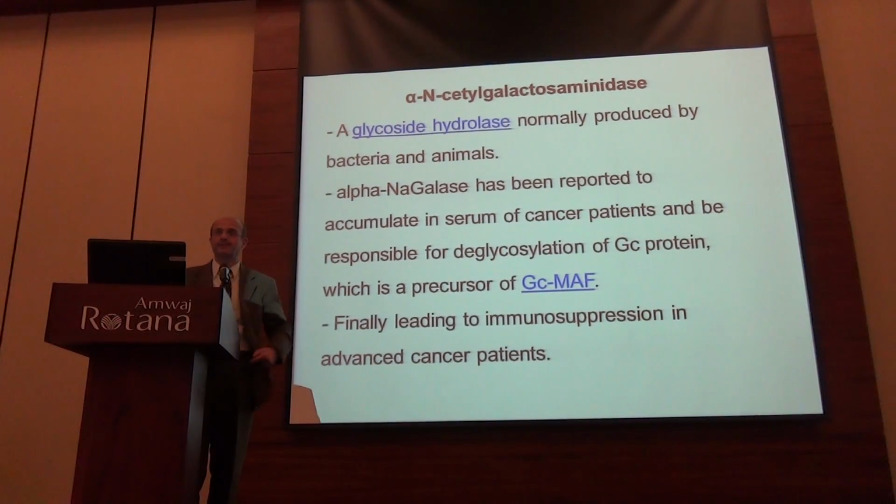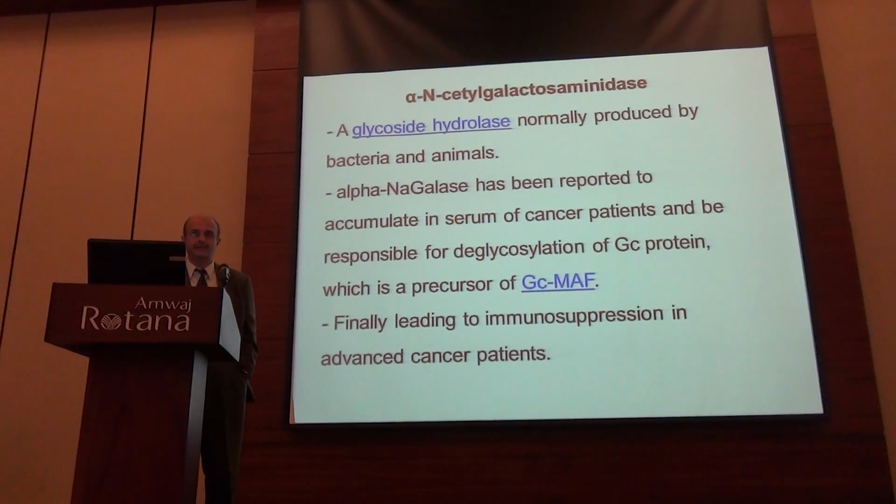Nagalase has been around for years, not just now with GcMAF, because you normally produce it. In chemistry, they say that this is a glycoside hydrolase, and it clips or removes sugars. Glycoside means a sugar, and it removes sugars from an organic substance. And this is normally produced by humans and bacteria.